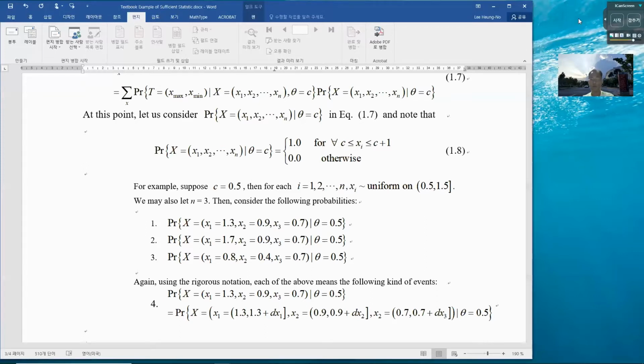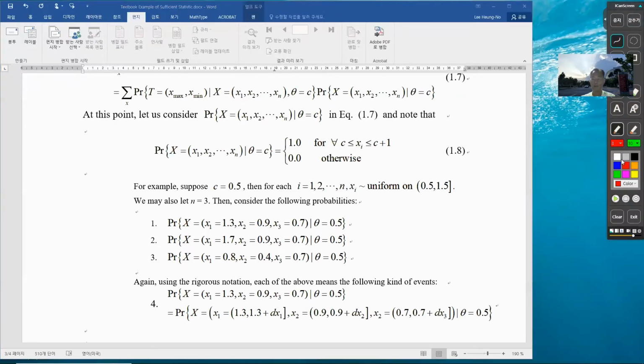So the PDF of this distribution goes like this.